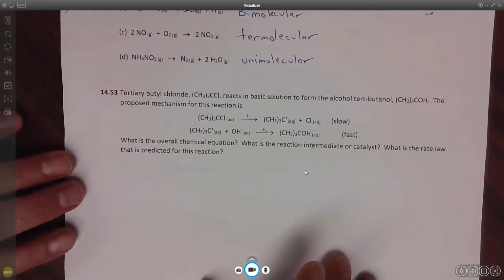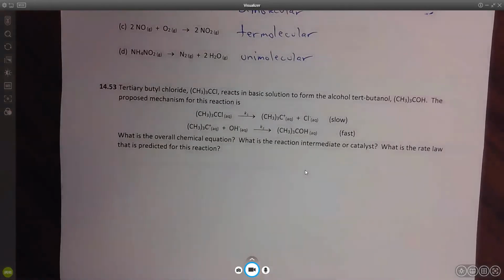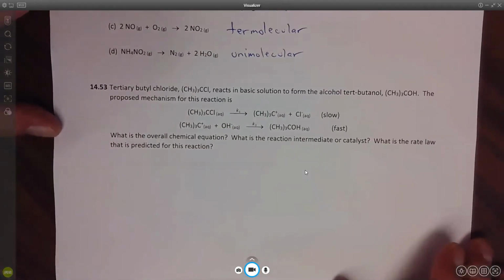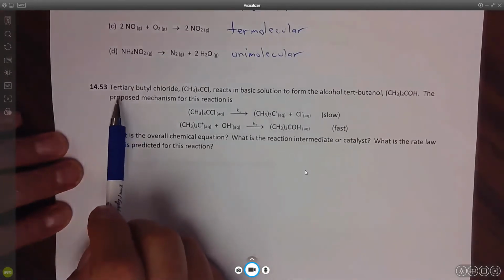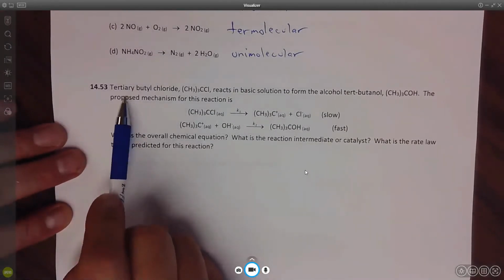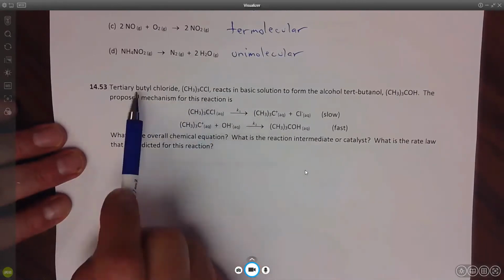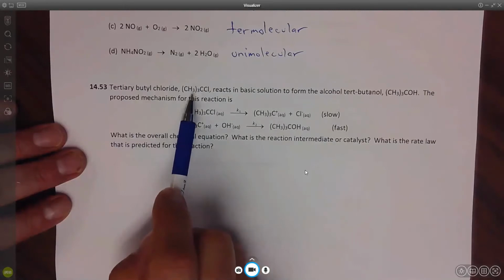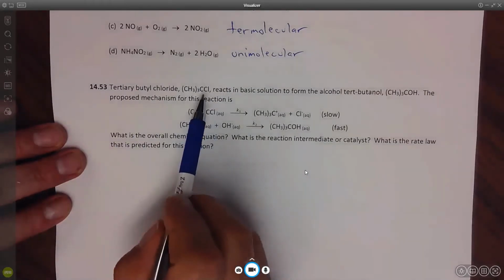Okay, let's try number 53 then. Chapter 14. It says tertiary butyl chloride, which has this form. Tertiary means there's 3 of them, so tertiary butyl means there's 3 butyls, and butyl represents 4 carbons.